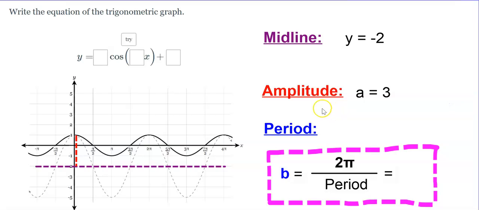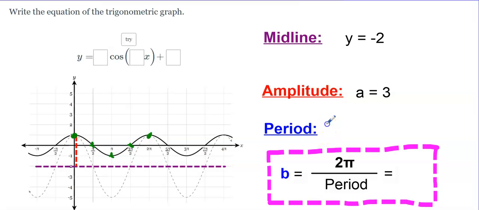Now the period is the one where you have to identify the 5 critical points to find the one complete cycle. So we always start here at 1, which is on our y-axis. So this is high, mid at pi over 2, low at pi, mid at 3 pi over 2, and then we cap it off with our 5th key point, which is 2 pi.